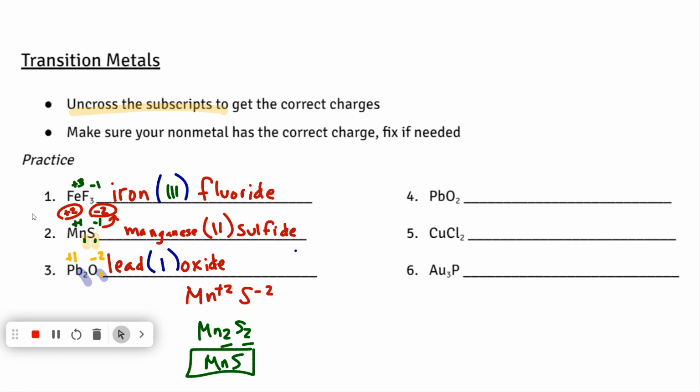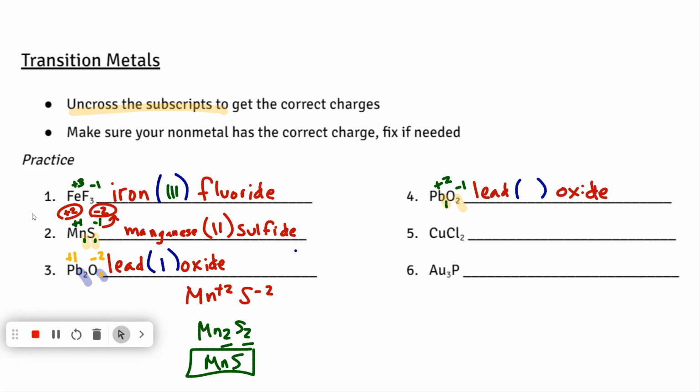We've got another lead oxide over here in question number 4. It's still lead and oxygen, so its root name is still lead oxide. But if the formula is different, that means lead has to have a different charge here. It's not going to be lead 1 oxide. Here, if we try and uncross our subscripts, then that would tell us that our lead is a +2 if our oxygen is a -1.